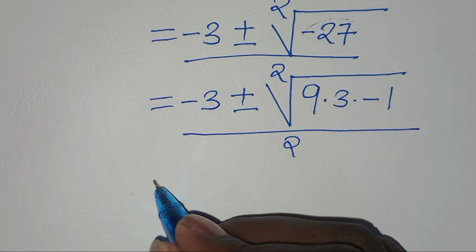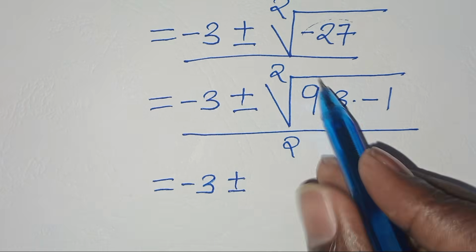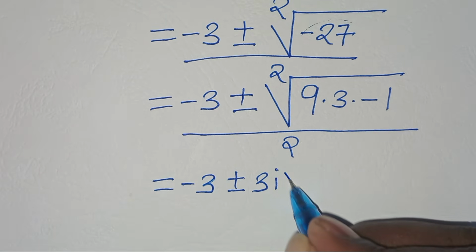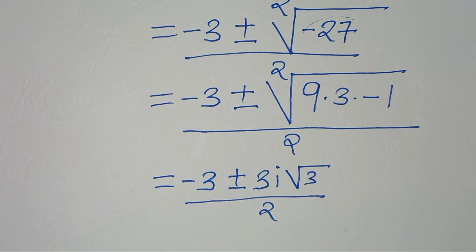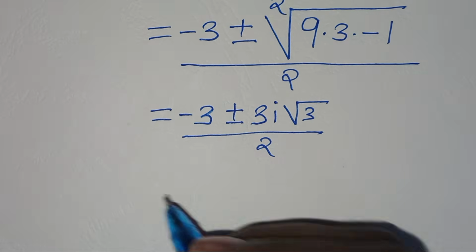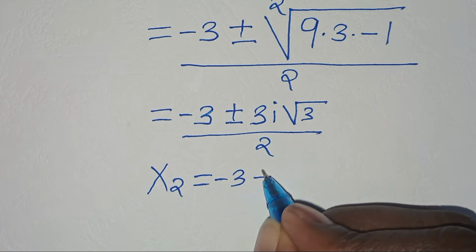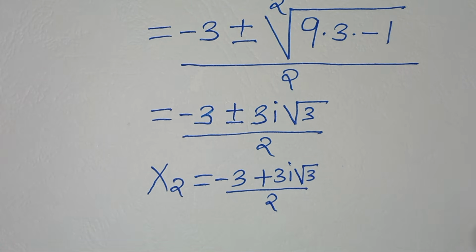So this implies that we have negative 3 plus or minus the square root of 9, which is 3, the square root of negative 1, which is i, then the square root of 3, divided by 2. So x2 is equal to negative 3 plus 3i square root of 3 divided by 2.